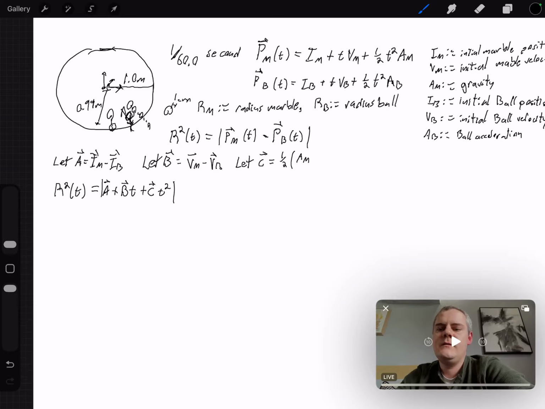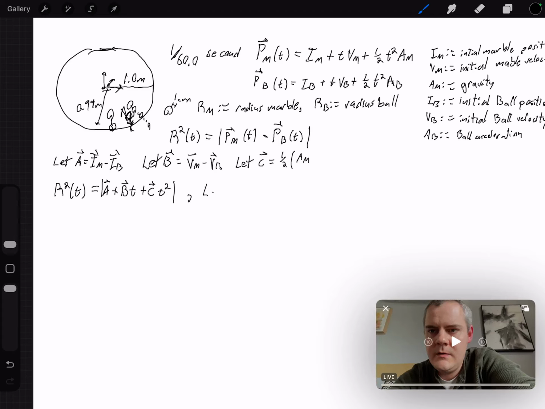So we can see that taking the length of this vector is going to need a few terms. I'll say C, D. All right, these are going to be scalars now because they're dot products.